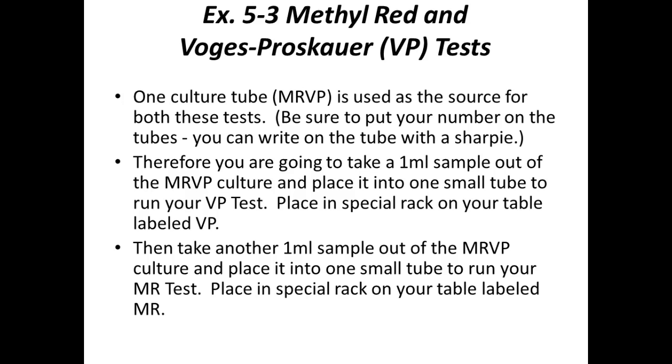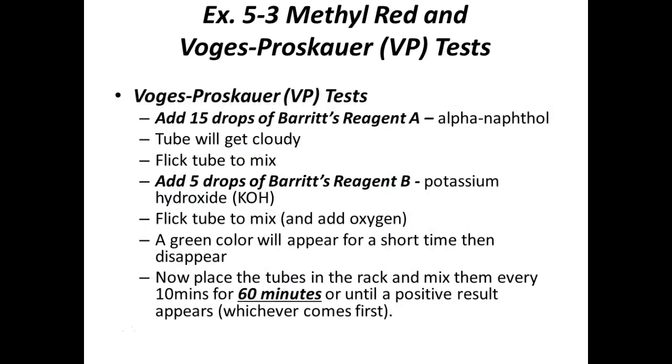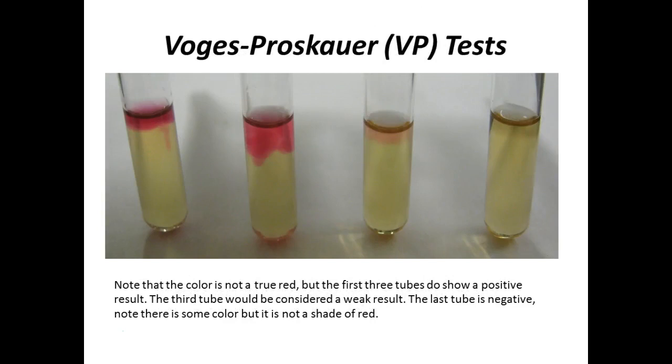This is our procedure that we followed today. We split it up into 2 tubes so we could run each test separately. We really only had to wait about 10 minutes, but you could potentially have to wait longer. Why would it take longer sometimes? When we did the methyl red test, we read it right then. Because what is methyl red? It's just a pH indicator, right? That happens within seconds.